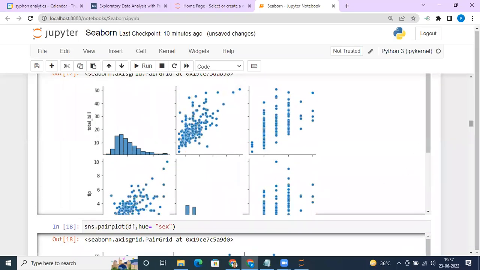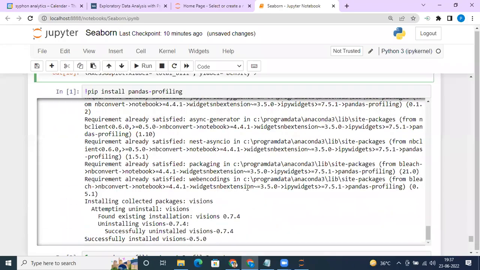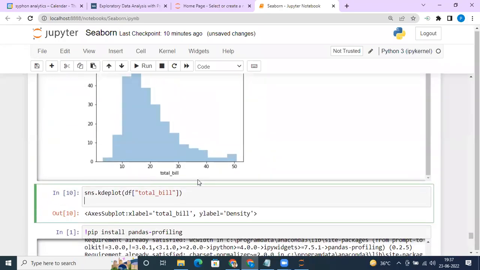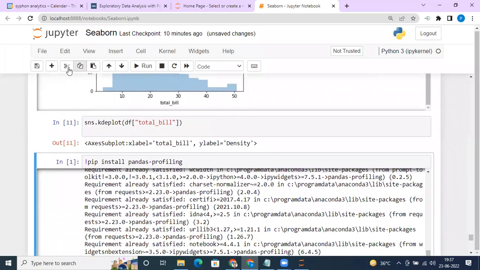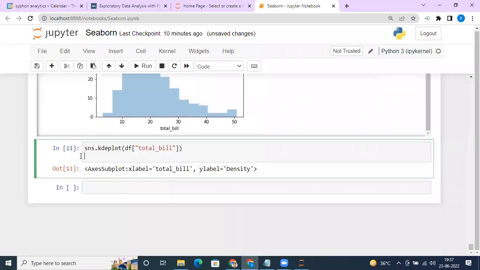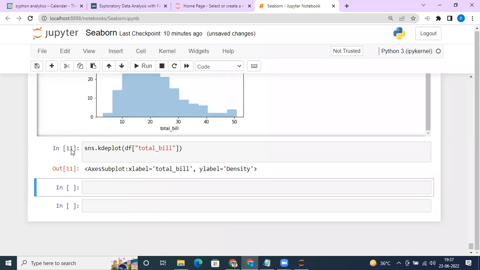I've read the data frame, then why is it not appearing? Come on, come on. Spelling is fine, everything is fine, I think. Just delete this. Let me import sns. What happened?